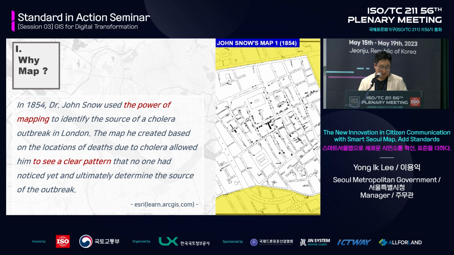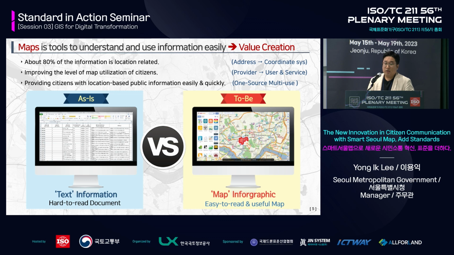It's one of the 10 infographics in history because it precisely portrays the phenomenon that cannot be portrayed by thousands of pages of a single report. We need communication between varying levels of information. That's why we need good maps.